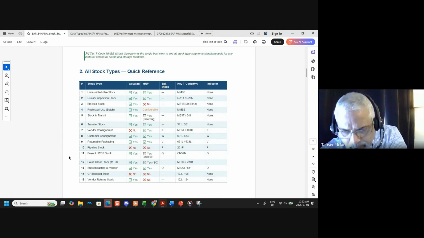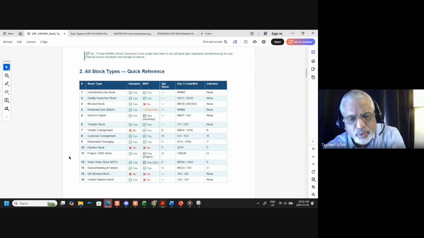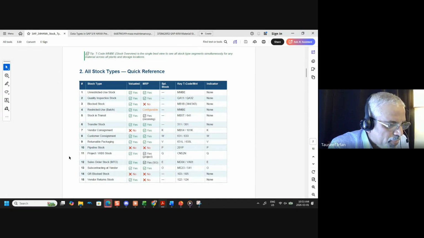First, you have to do that, and then unrestricted can be sold or consumed. So when you do this transaction in SAP from consignment to unrestricted, in accounting terms, you are making a non-valuated item into a valuated item. Everybody understood now?